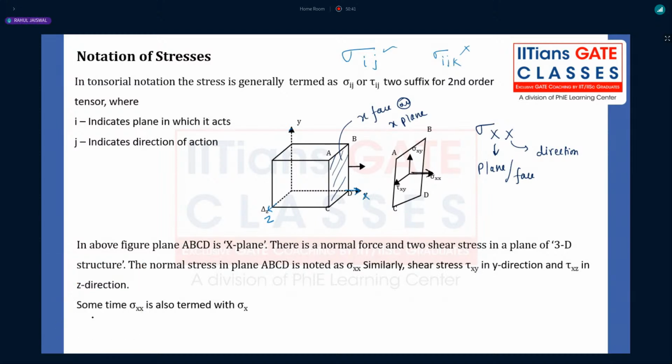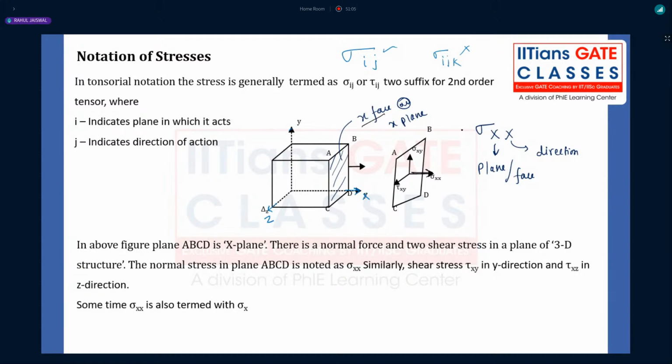It is the X axis, right? So that will become the X face or X plane. The second subscript, the second suffix, will be denoting the direction, in this case the X direction.